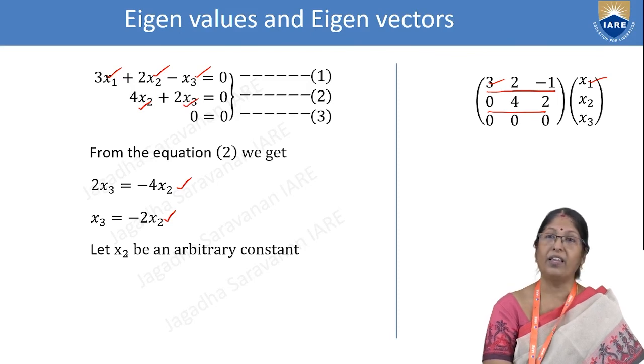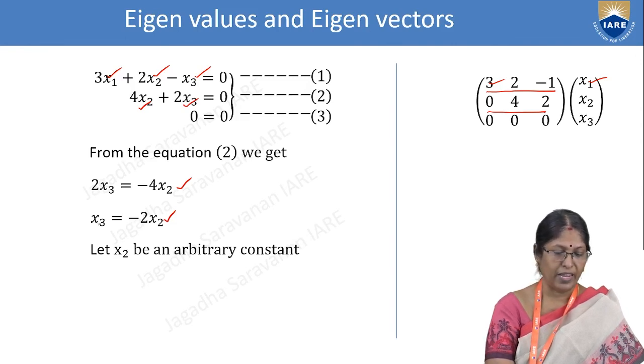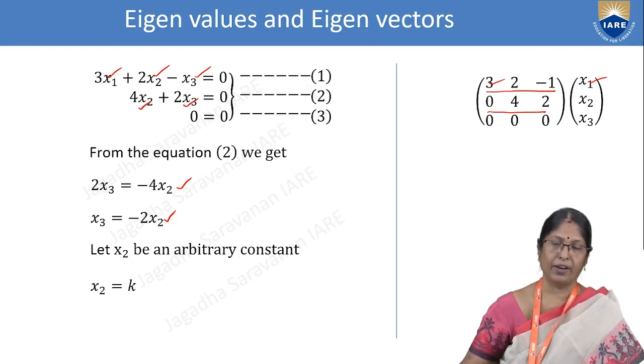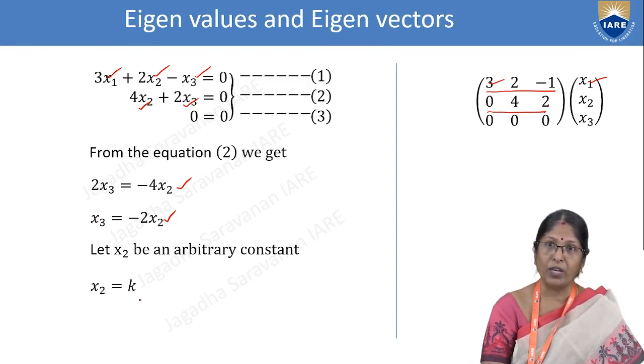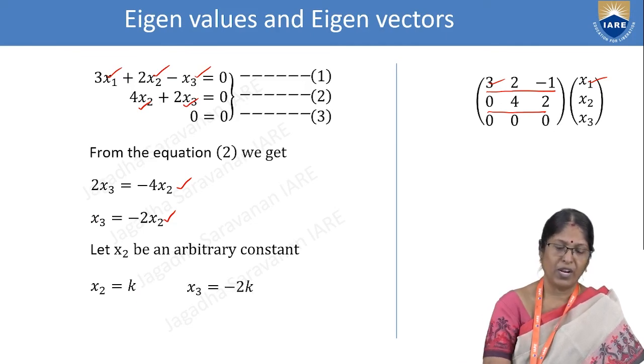We are declaring x2 is the arbitrary constant. If we want, we can declare x3 also as the arbitrary constant, nothing wrong in it. Now x2 we are declaring, that is x2 equal to k. So next, we substitute k in the place of x2.